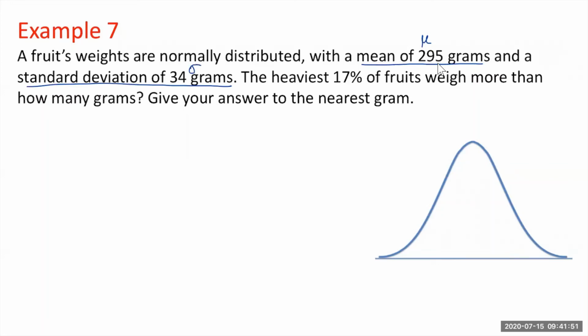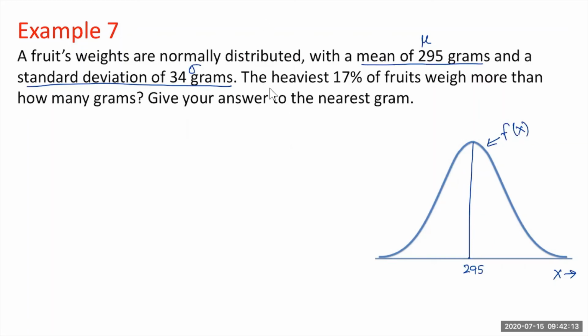That's your sigma. They are normally distributed, so the distribution is normal. You have X, that is the weight of the fruit along the x-axis, with the mean in the middle, that is 295.